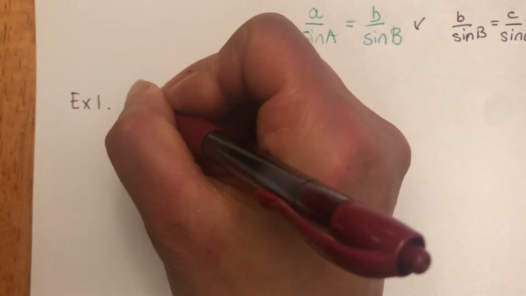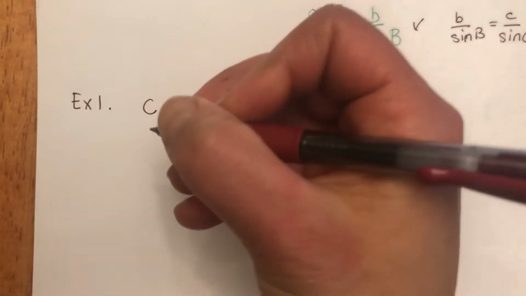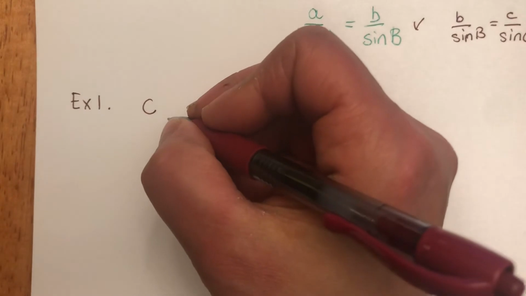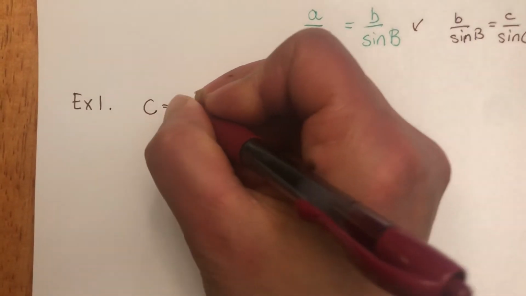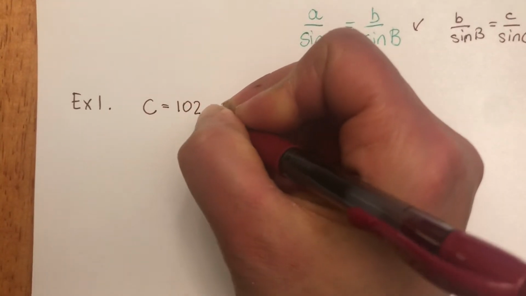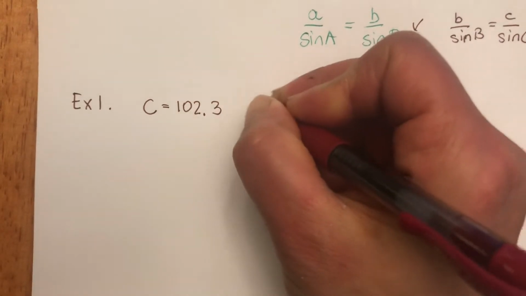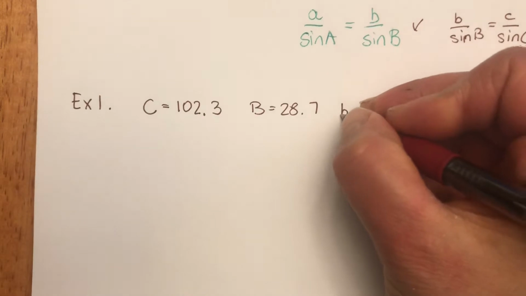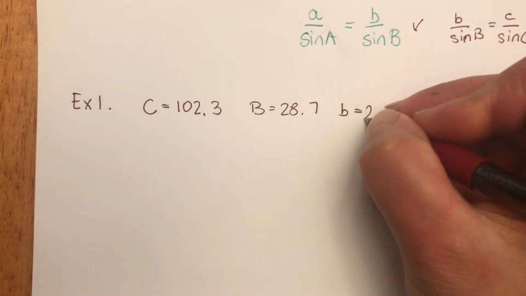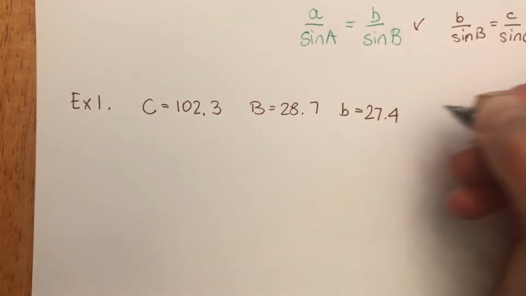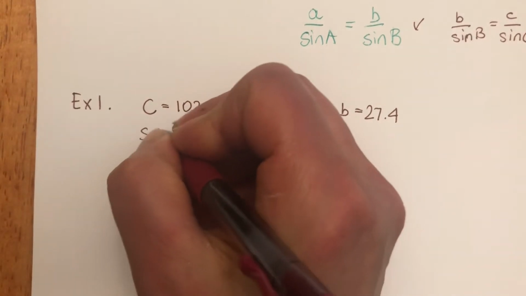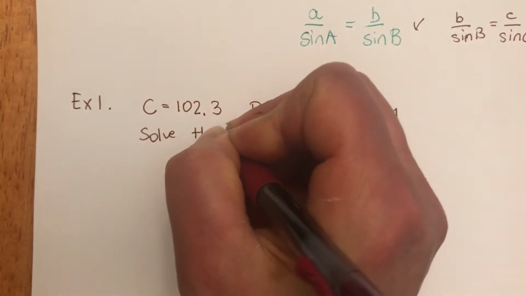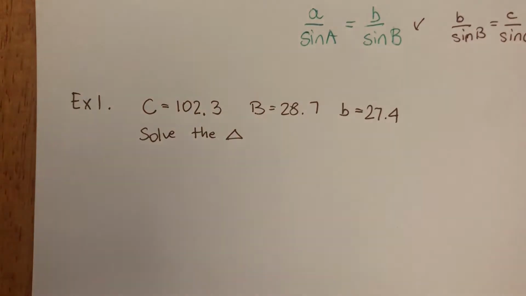If I have given information that C, this is the uppercase C, so that means this is an angle, is equivalent to 102.3, B is equivalent to 28.7, and b is equivalent to 27.4, I want to solve the triangle, and that means that I want to find all the missing values of that triangle.